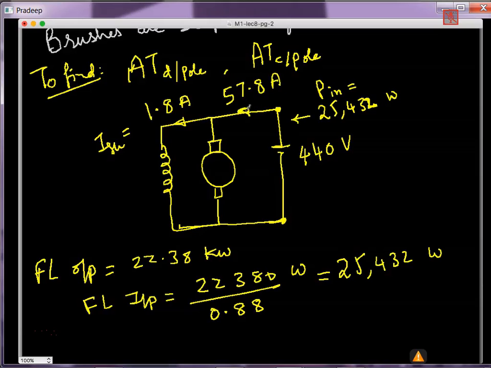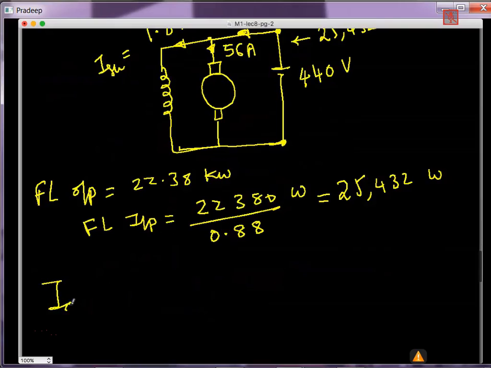Now because this is 57.8 and 1.8 is going to the field, the remaining current goes into the armature. That is 56 amperes, because I just apply Kirchhoff's current law here. So finally I get the armature current as 56 amperes. But then what is the armature conductor current?